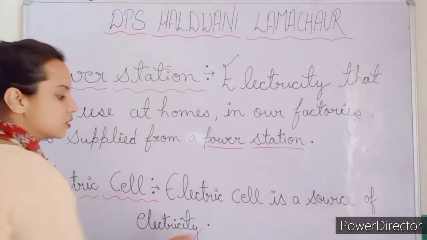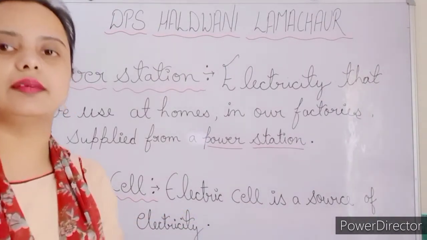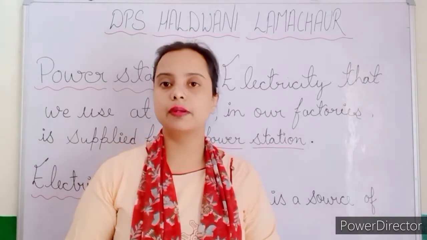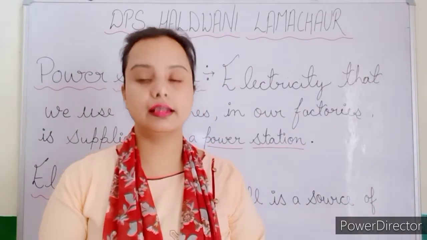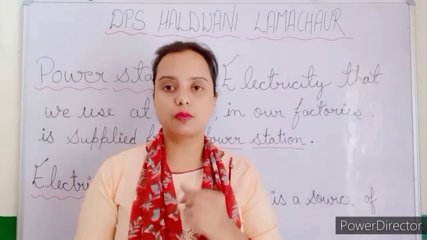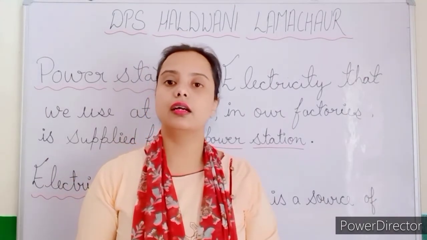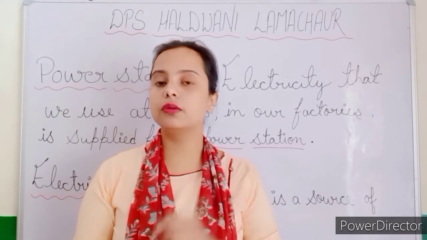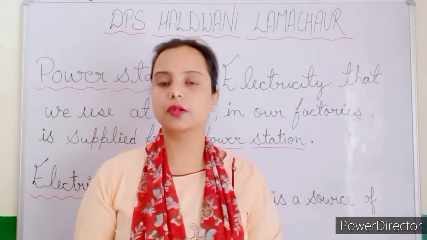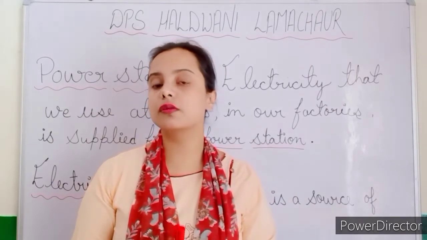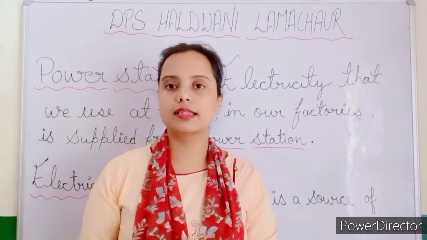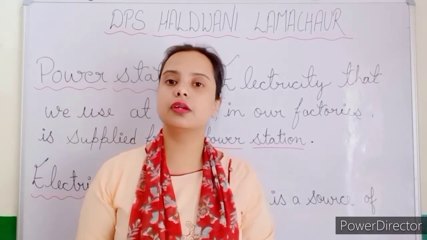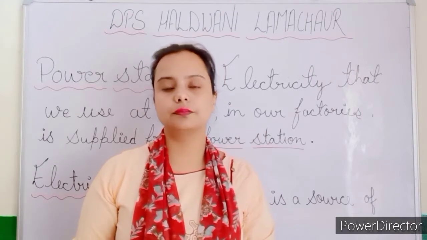Now, what is an electric cell? An electric cell is a source of electricity. For example, in your wristwatch you use an electric cell, a small cell. In a wall clock we use a cell, in remotes also, and in remote cars we also use cells.